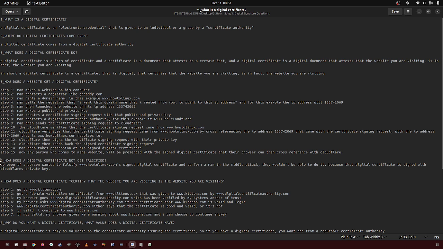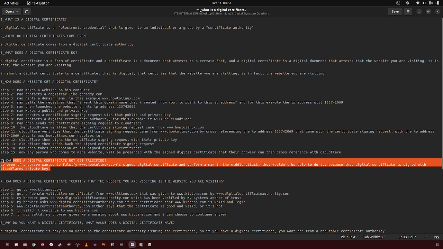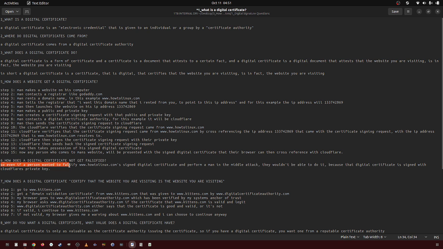Step 16. How does a digital certificate not get falsified? Even if a person wanted to falsify www.howtolinux.com's signed digital certificate and perform a man-in-the-middle attack, they wouldn't be able to do it because the digital certificate is signed with Cloudflare's private key, and they don't have Cloudflare's private key.